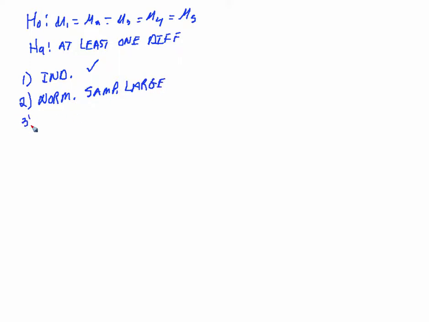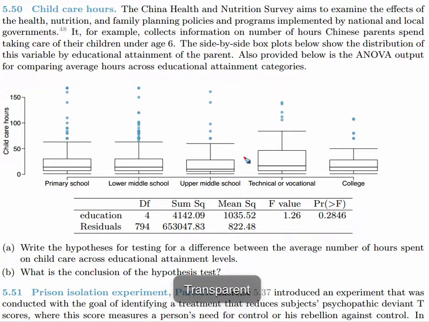And the third one is that the variances are the same across each of them. I take that back, we do have a little bit of a tool to check the variances between them. We can check based upon the fact that all of the interquartile ranges appear to be roughly about the same size. So we can hopefully assume that the variances are approximately equal to each other.